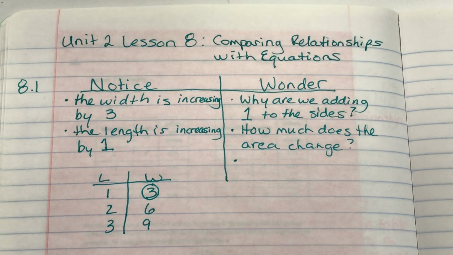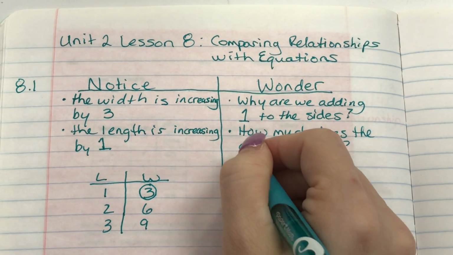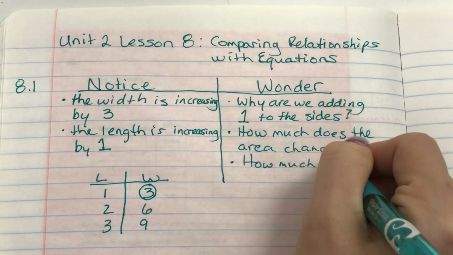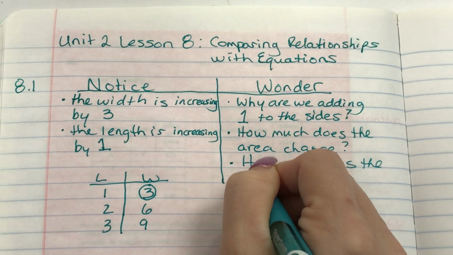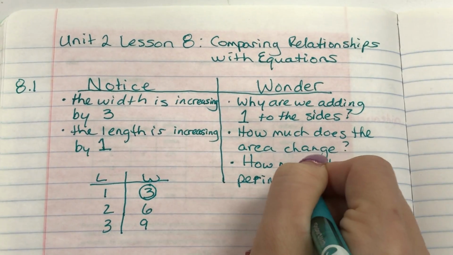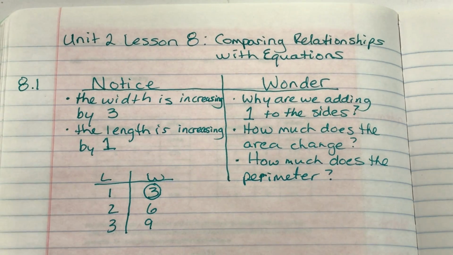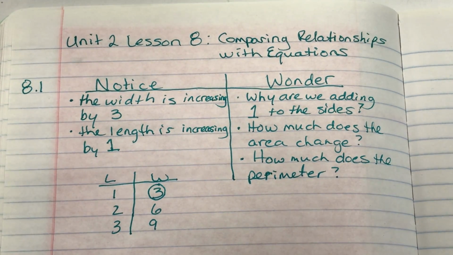Maybe similar to that? Eli? Okay, so we can say how much does the perimeter change? And we got anything else?